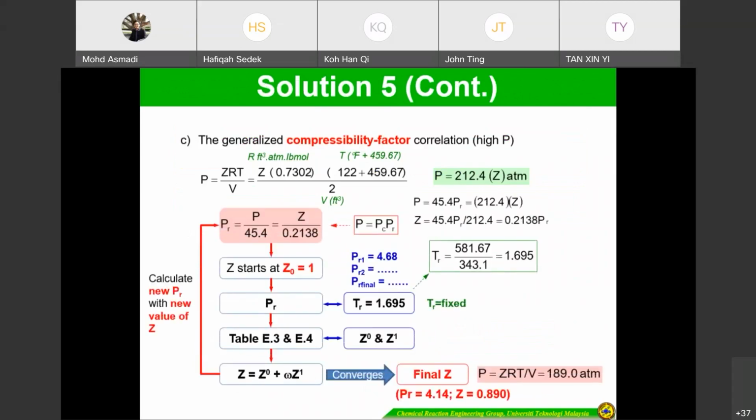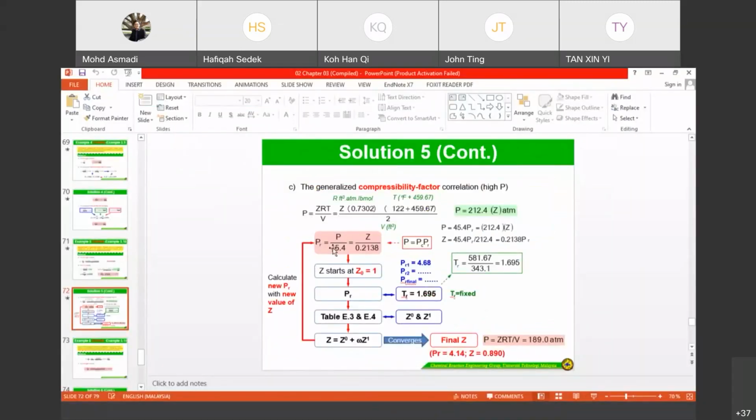So from this one, what you have to do is the interpolation. Since PR equals P divided by PC, and this one is PC, just determine the PC.